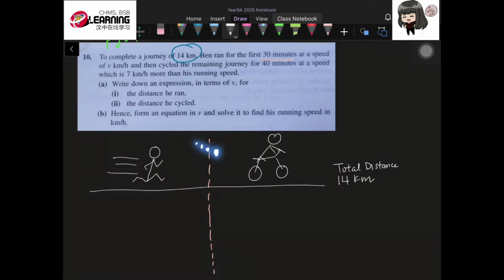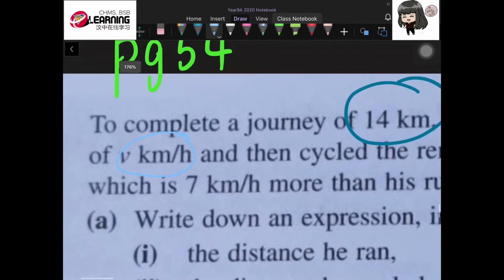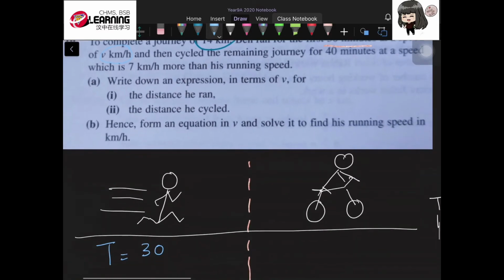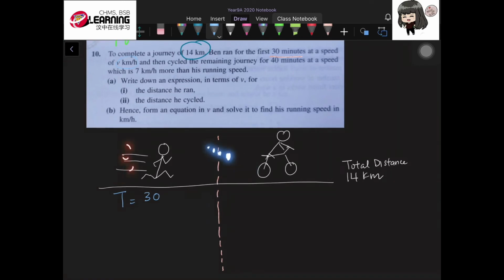Ben ran the first 30 minutes, so the time here is 30 minutes. Now do we need to change to hour? Yes. Why? Because the unit of speed given is km/h, so it must be in hour. So we change the 30 minutes to hour. It's 30 divided by 60, which I can write as 30/60 hour. And then he cycled the remaining journey for 40 minutes. So for cycling, 40/60 hour.